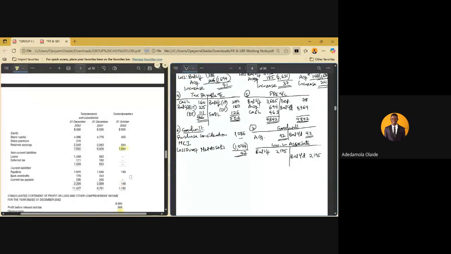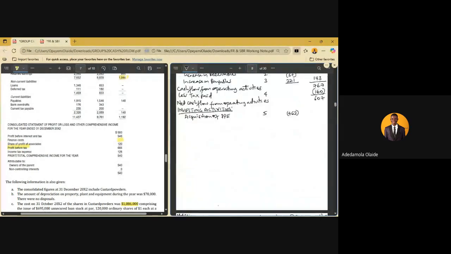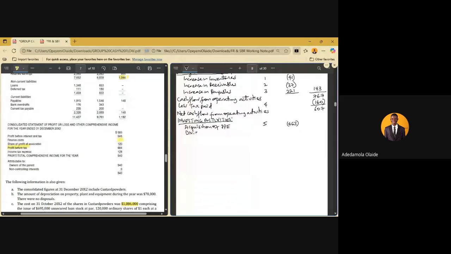We shared 120 from them as profit. And as it is credited in the SOPL, it will be debited here. Share of profit 120. So what we are supposed to be having as total is 2295. But we have 2195. That means there was a dividend received, which is cash, of 100. So we say dividend from associate 100.